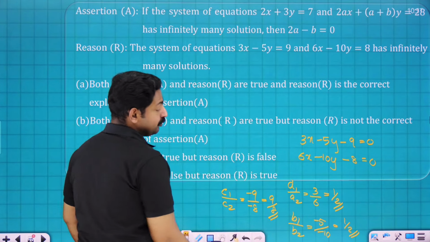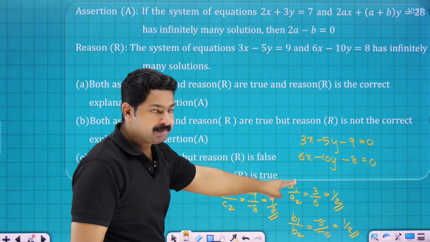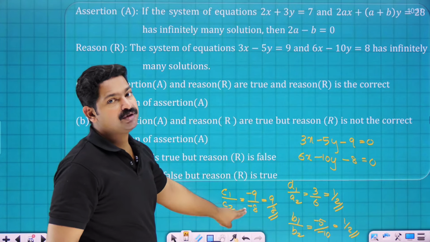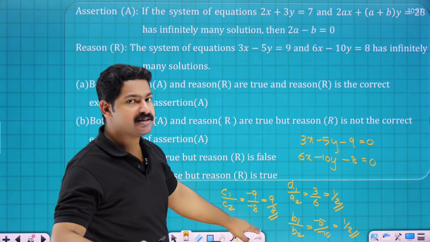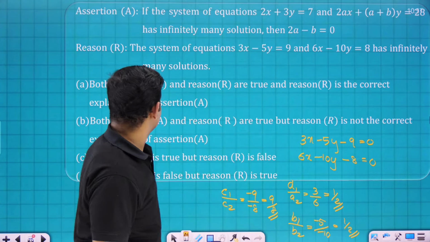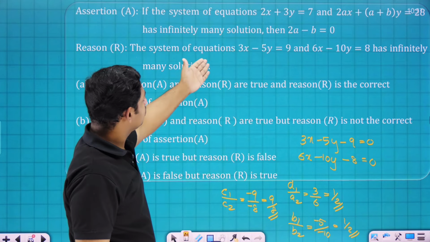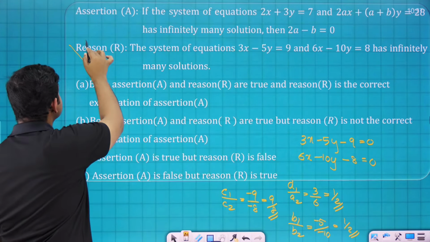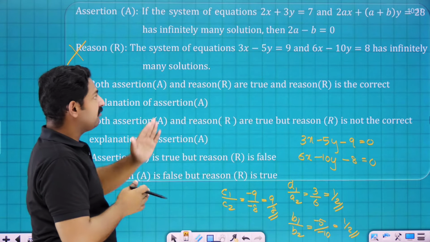Correct, you will be getting 9 by 8 only. So here the condition is a1 by a2 equal to b1 by b2, which is not equal to c1 by c2. So under this condition, the system is inconsistent. There is no solution. But it is given that the system of equations has infinitely many solutions, which means the reason given is false.